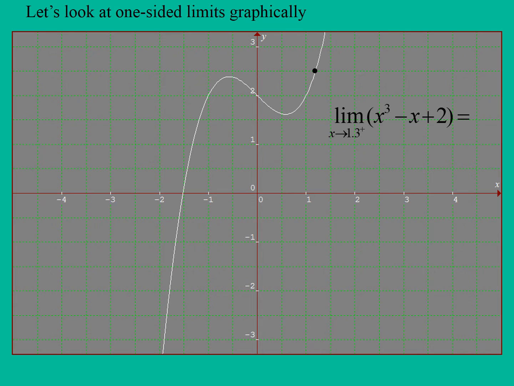So let's do some analysis. Here is about 1.3. So as we approach this value from the right, what's happening with the y values? We look at the corresponding y values and it appears to be approaching about 2.5.